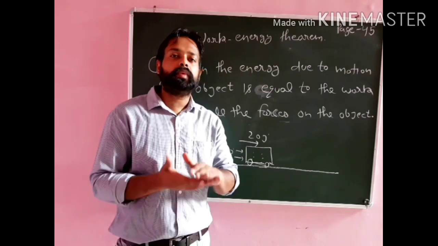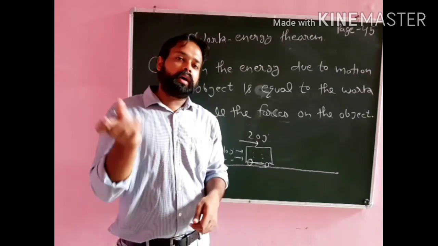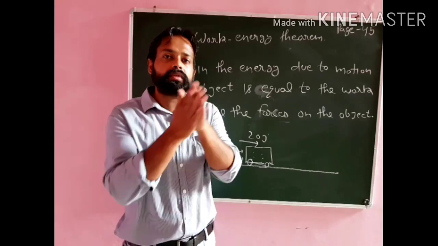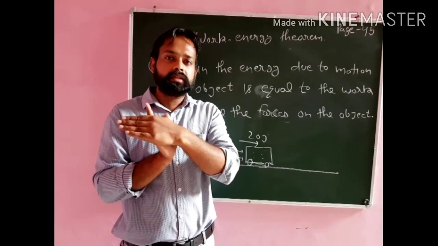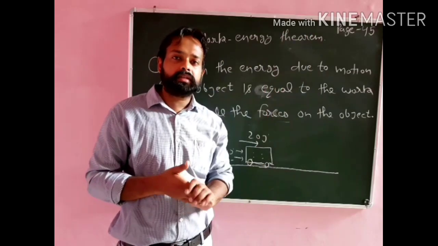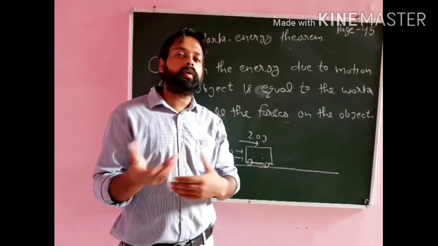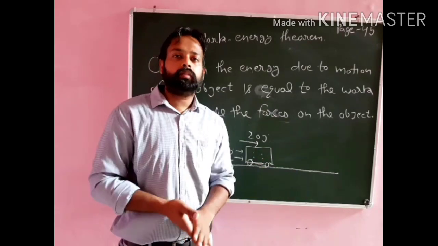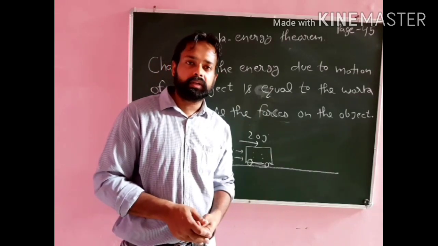A player is playing cricket, and when the ball is moving towards him, he hits the ball with the bat. It means he is applying a force on the ball, he is doing work on the ball. As a result, the kinetic energy of the ball increases. How much the kinetic energy of the ball increases is exactly equal to the work done by the player on the ball. So both these examples are related to the work energy theorem.